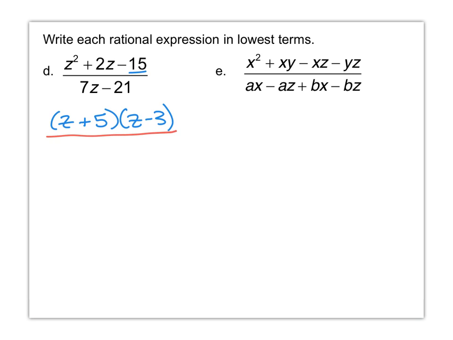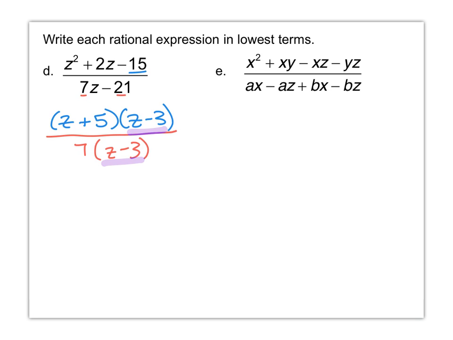The denominator should also be in factored form. The greatest common factor of the denominator is 7. So you can factor a 7 out of the denominator, and the remaining factor would be z minus 3. Now notice that we have a common factor in the numerator of z minus 3, and the denominator also has that factor.